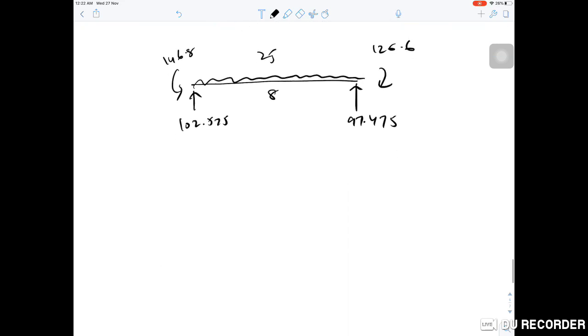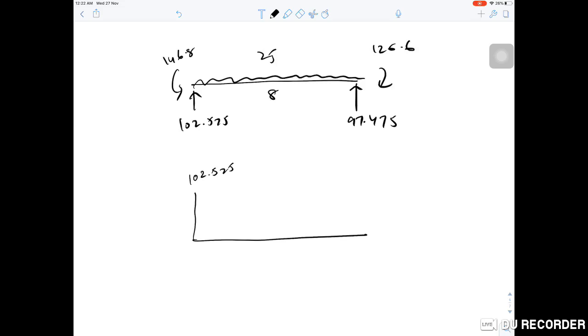Okay, now we want to draw the shear force diagram. Start from 0, then go up to 102.525.